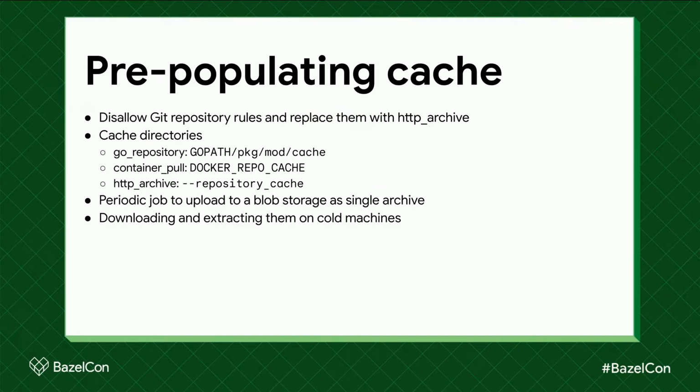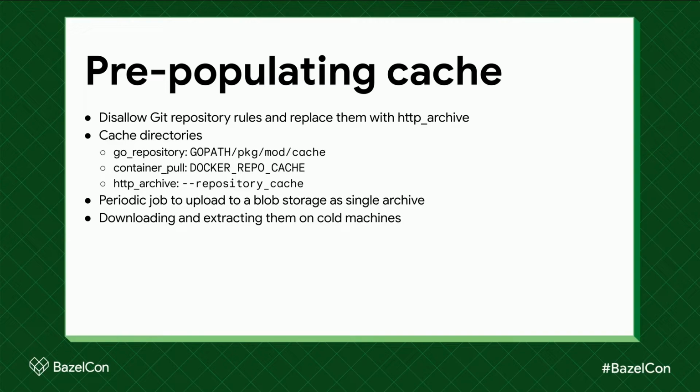So what do we do? First thing we do is to disallow Git repository rules and replace them with the more cache-friendly HTTP archive. And then we set up a periodic CI job to populate all these common cache directories, and then package each of them as a single archive to a blob storage.